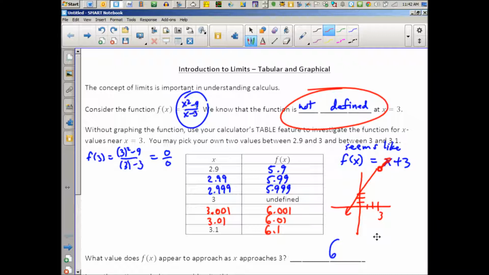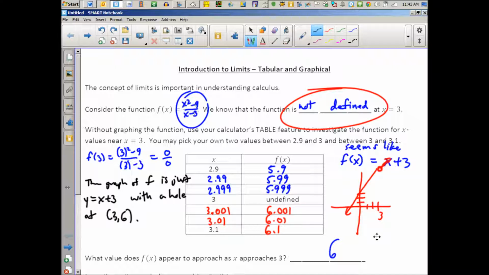Okay, so here's my summary for this problem. What? Is that a limit, a hole in the graph? Kind of. I don't want to define limit yet, because it doesn't have to be called a hole in the graph. But what I want to write for this problem is just a couple little sentences, okay? The graph of f is just y equals x plus 3 with a hole at (3, 6).